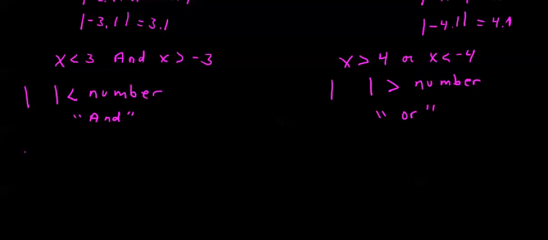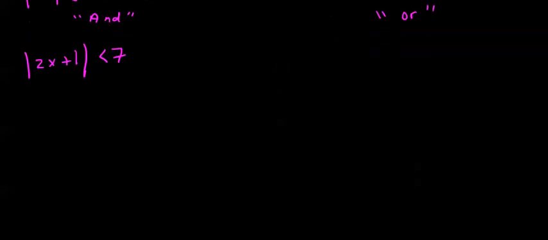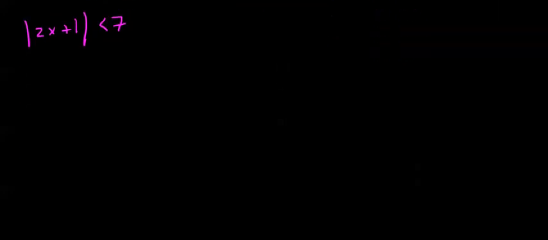So now let's look at two examples. The absolute value of 2x plus 1 is less than 7. I look at this and I see that we have a less than. That means we have an and.